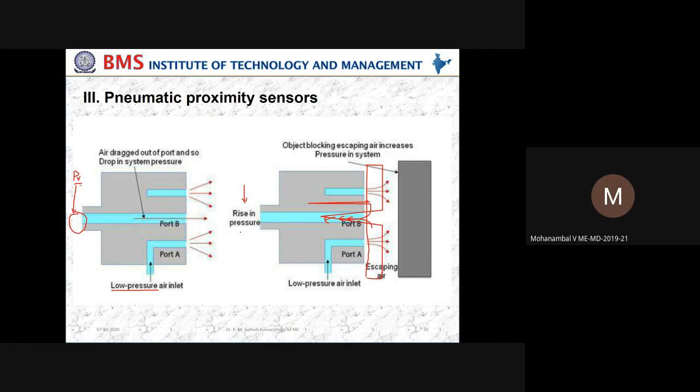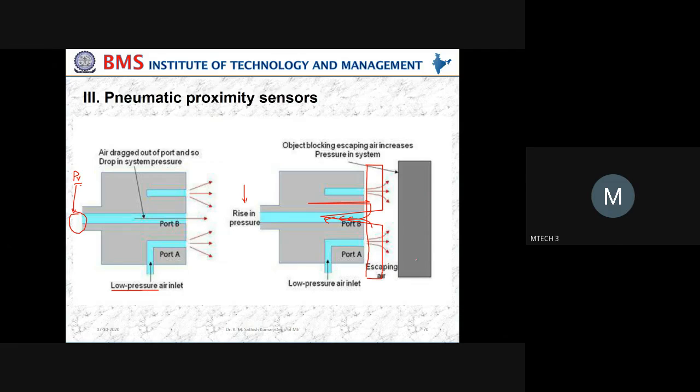When the object is moved closer, then the pressure increases. What is the inference? When the object is moved closer, the pressure keeps increasing.